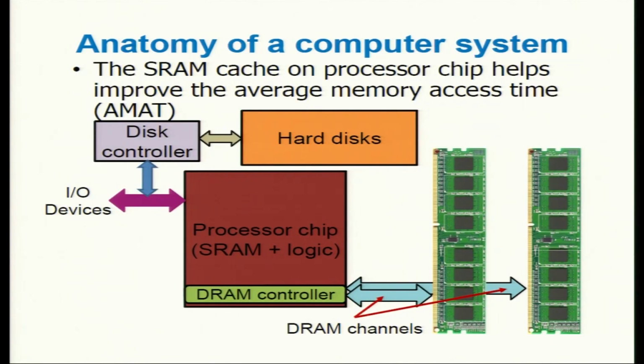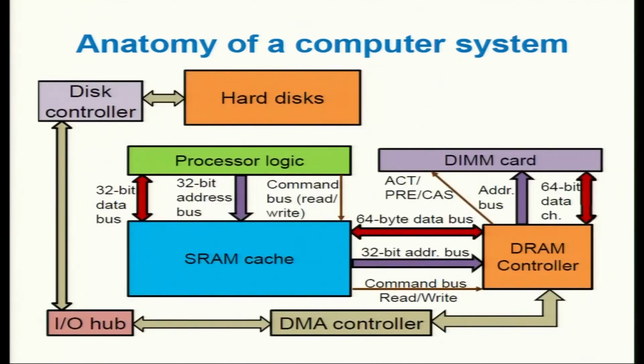On the other side, you have your I/O devices, and one of the very important I/O devices is the hard disk. So I show that specially. The hard disk talks to this controller, and then there are these I/O hubs that connect to this. So a more detailed diagram would look like this. You have an I/O hub here, which would actually connect all your I/O devices.